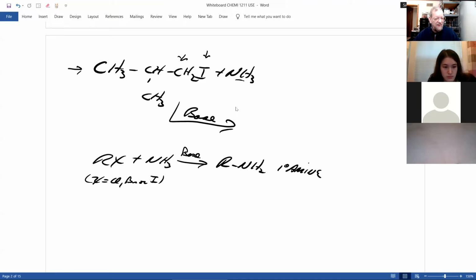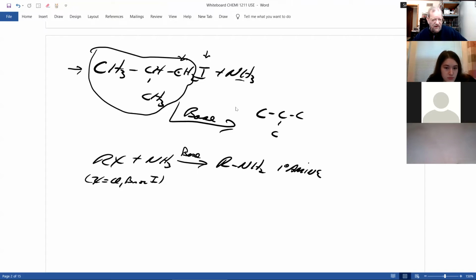And what's my R group? This right here. Notice the carbon with the halogens, that carbon. Since I don't break carbon-carbon single bonds, I have my 4 carbons. Which carbon has the halogen? This one will have NH2.